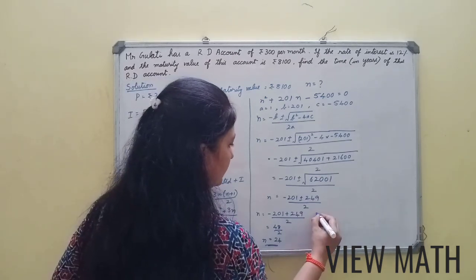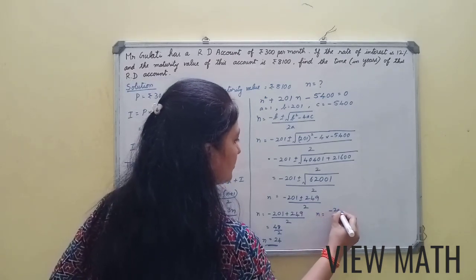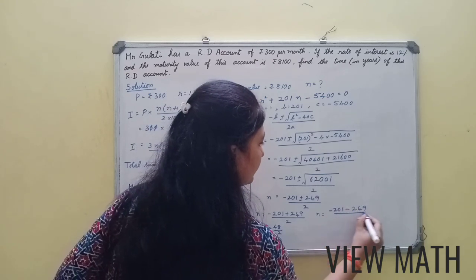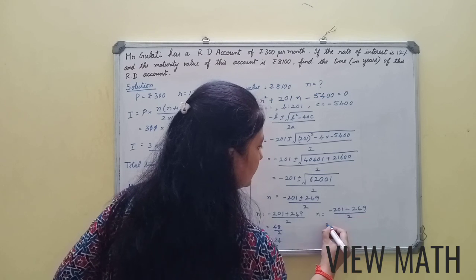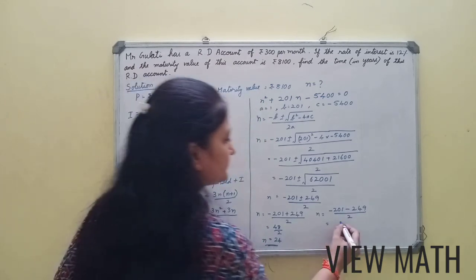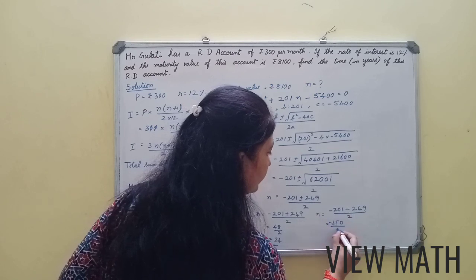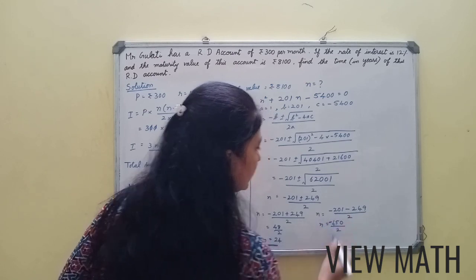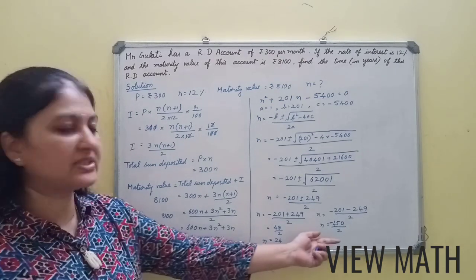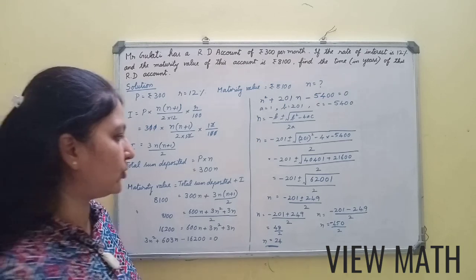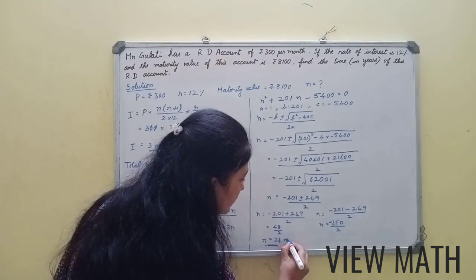Now let me take the negative separately. Minus 201 minus 249 divided by 2, so this is with negative sign. So number of months cannot be with negative sign. So n is equal to 24 months.